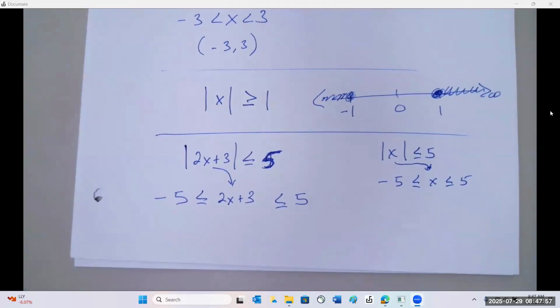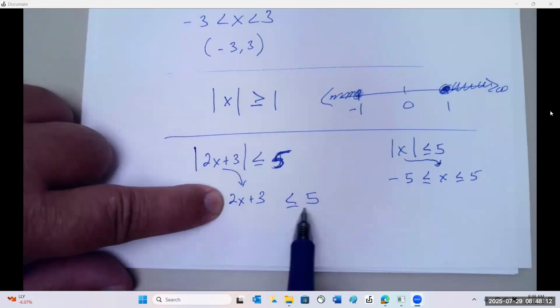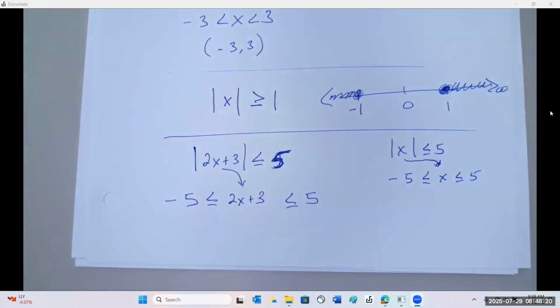Setting it up is half the battle. If you set it up wrong, your answer is going to be wrong. You notice how this is the same thing as this, minus the absolute values. So this has to be true. The other half now has to be true as well.